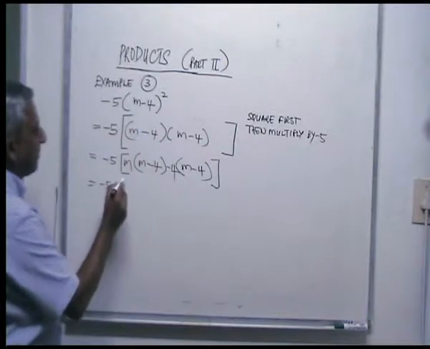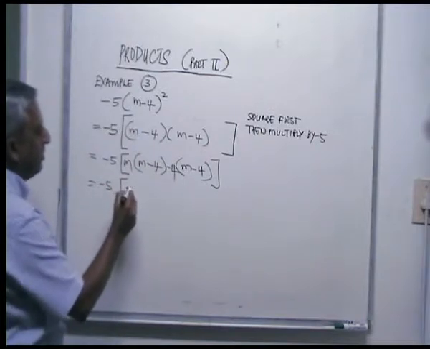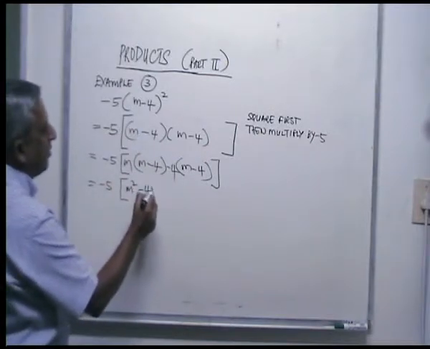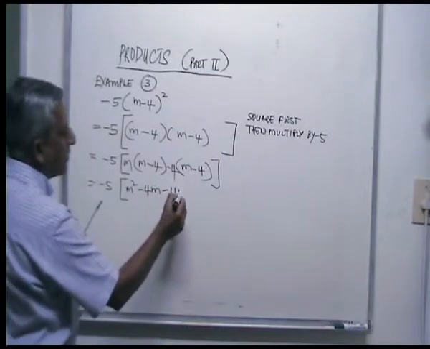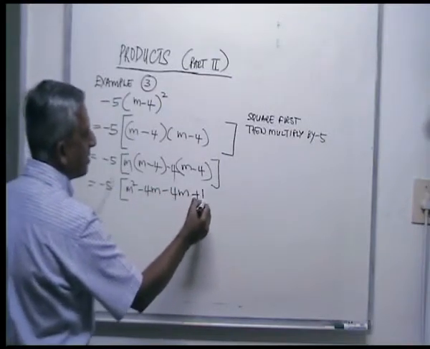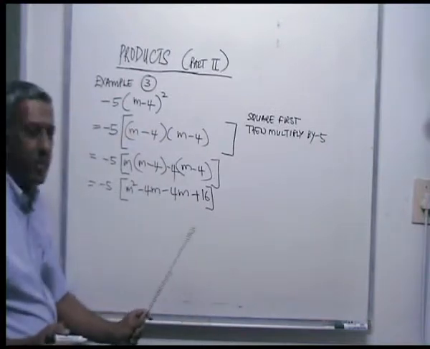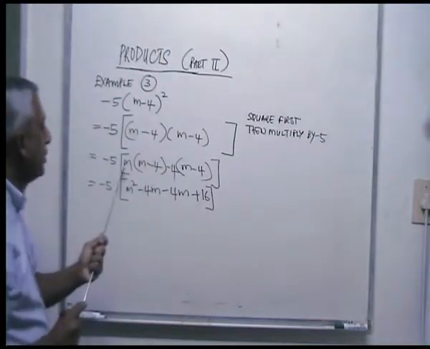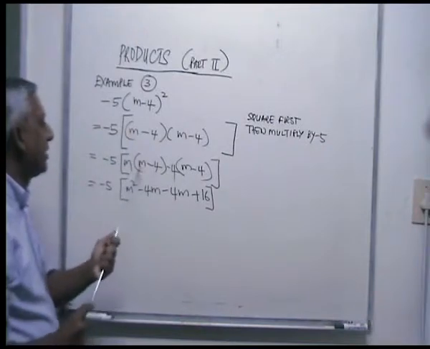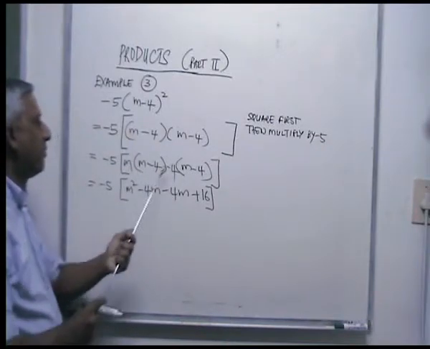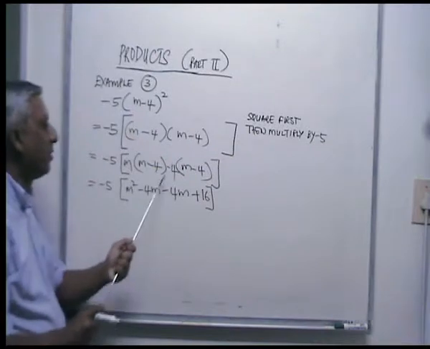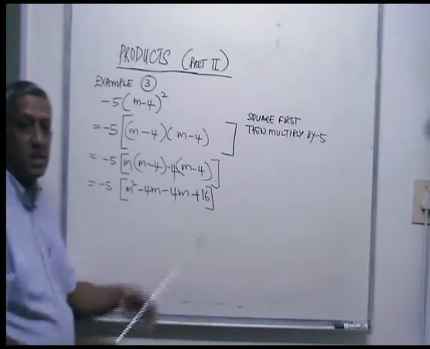Just bring down the minus 5. So this will give you m squared minus 4m minus 4m plus 16. You'll find I'm now not explaining where this is coming from, because by now you should know that m times m is m squared, m times minus 4 is minus 4m, minus 4 times m is minus 4m, minus 4 times minus 4 is plus 16.